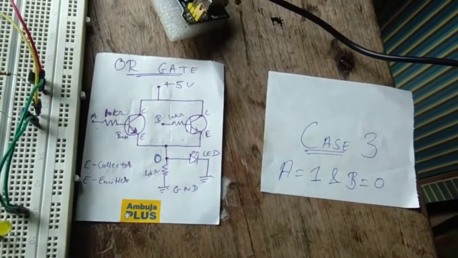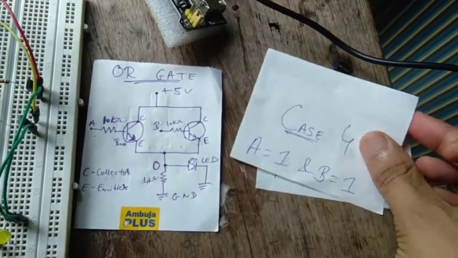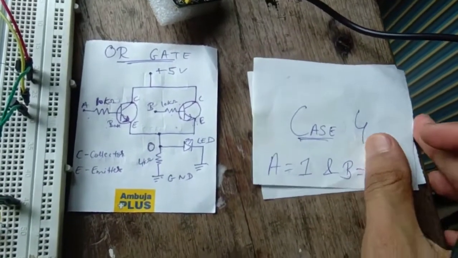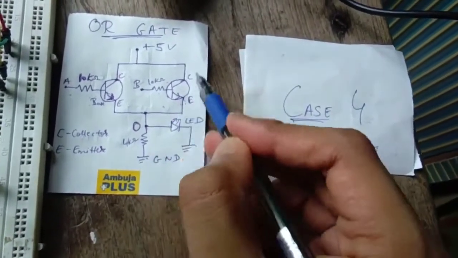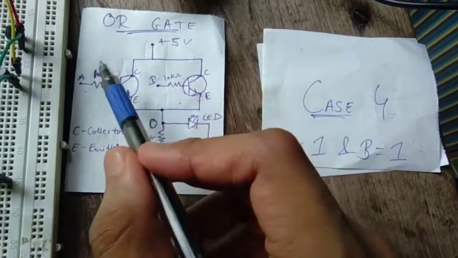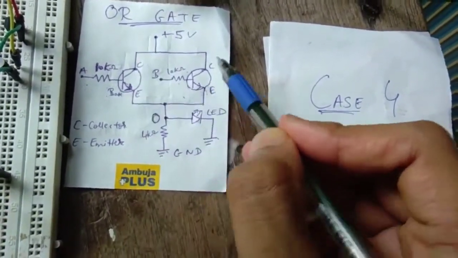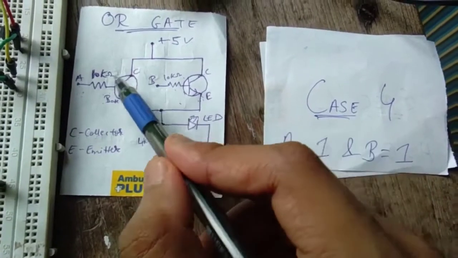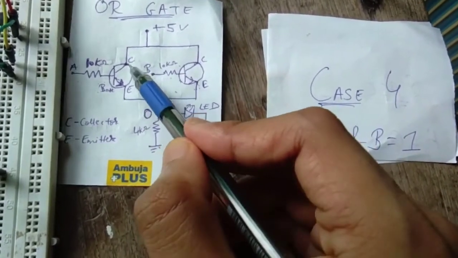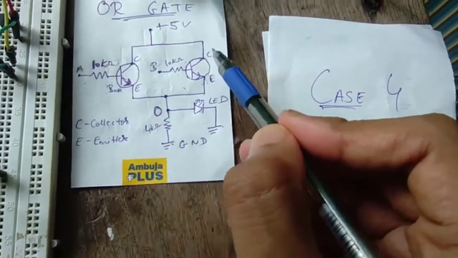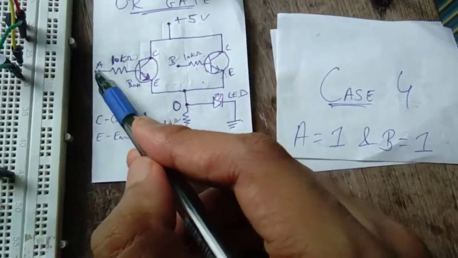Now the final case, when both A and B are 1. Since even if just one of them was high, the LED was glowing, now since both of them are high, this collector terminal is receiving high input, this collector terminal is receiving high input, and both the bases are high.